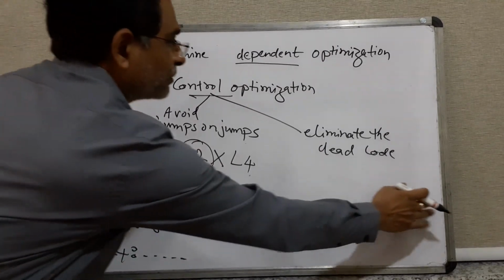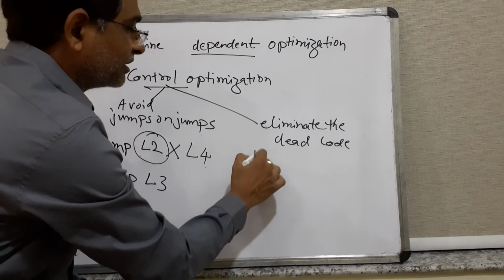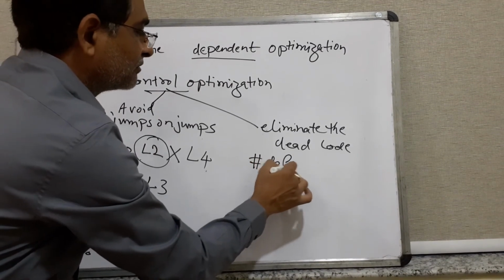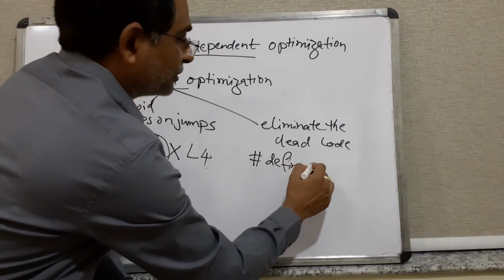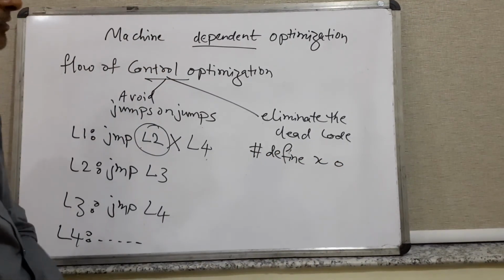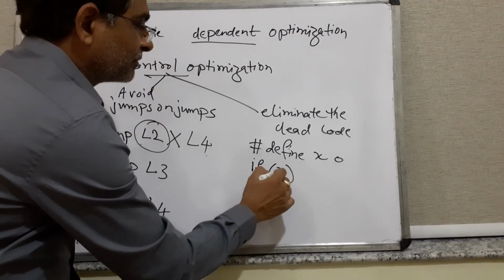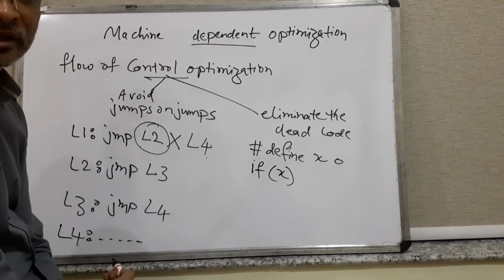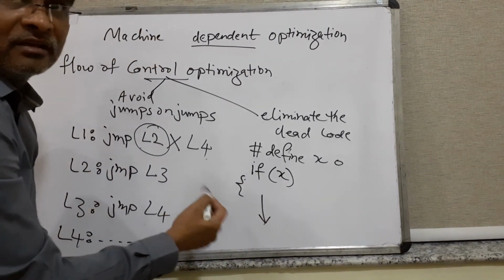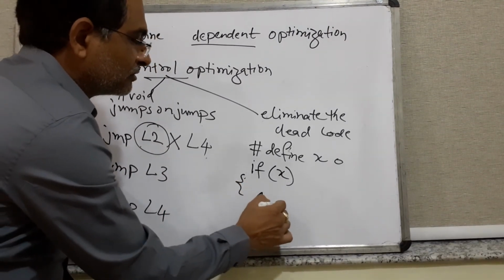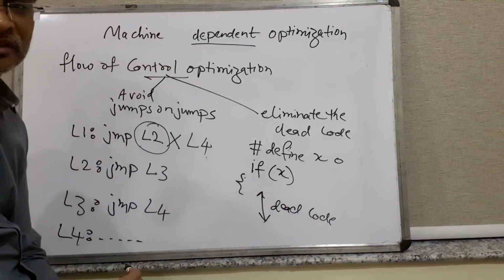Eliminating the dead code is like, if I'm writing a code example here, let's say define x = 0, so the value of x is defined, then if x, and some sample code is written here. If there is some code present here, it is dead code and of no use if this condition is never going to be satisfied.